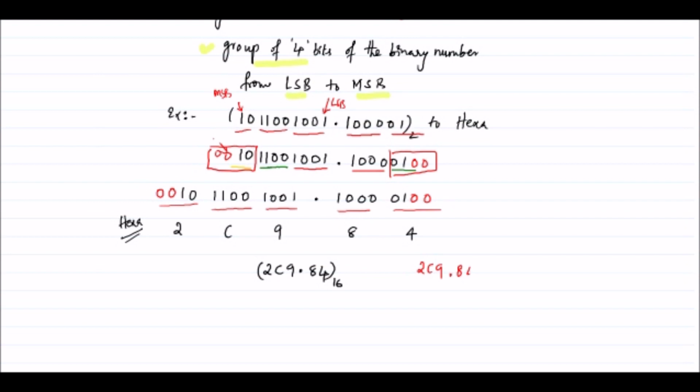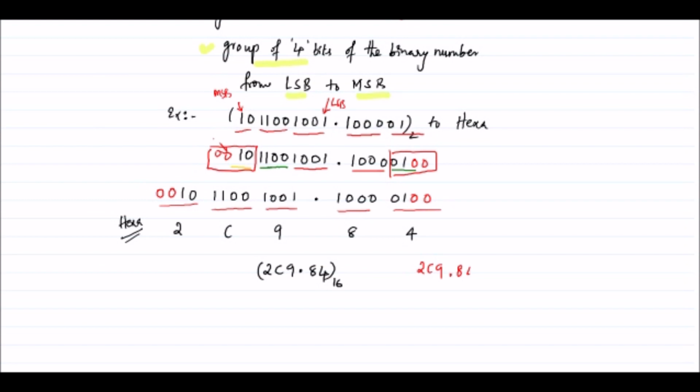So with this, the 10 becomes 0010, whose equivalent hexadecimal value is 2, and 1100 is C, 1001 is 9, 1000 is 8, and 0100, after substituting these 00 values, becomes 4.